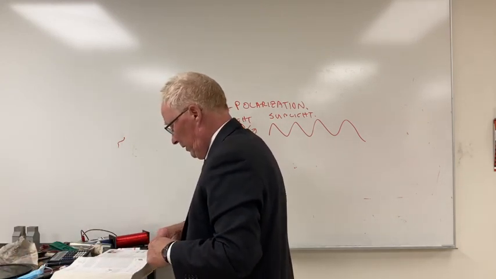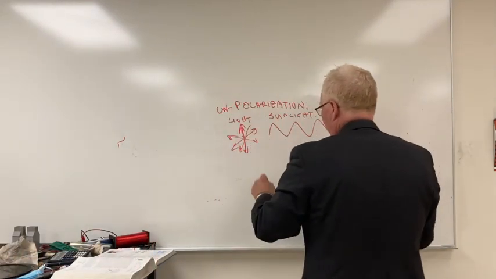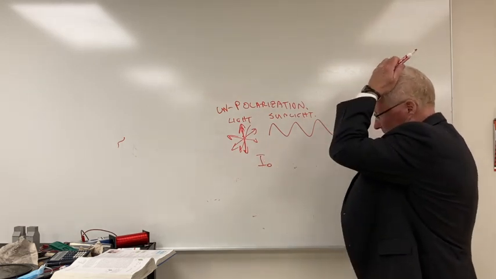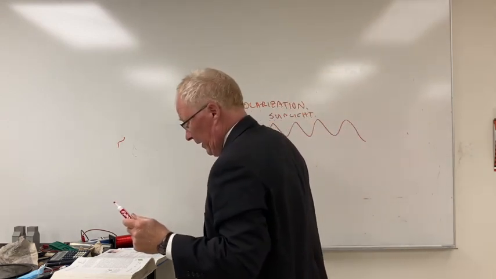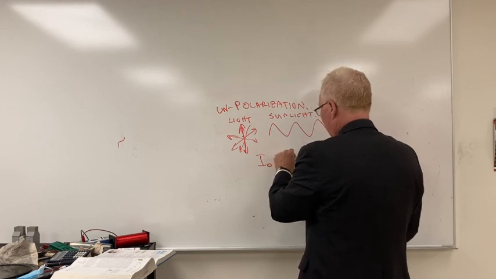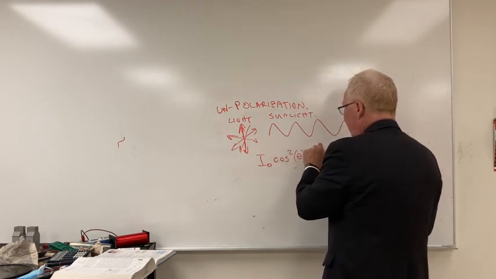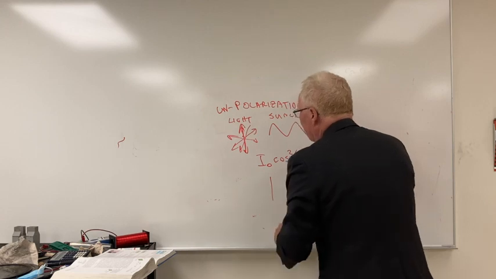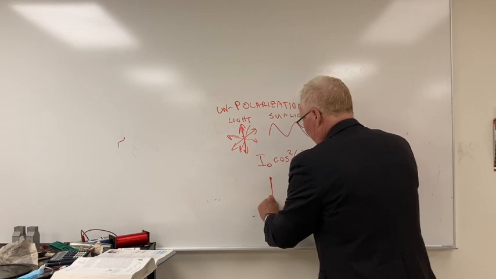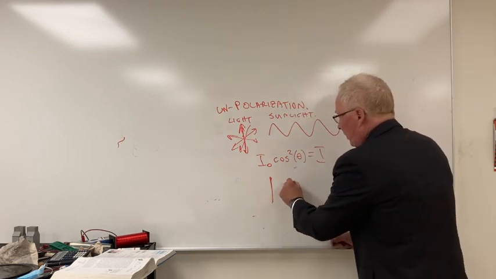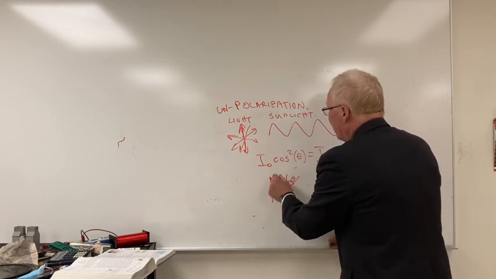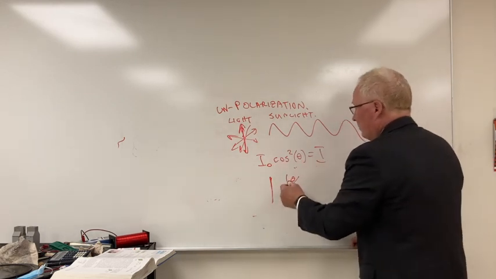So how do we deal with that? It turns out we have light of some intensity, which then passes through a polarizer. The intensity I goes as the cosine of the angle, squared. If the light passes through the first polarizer, and the other one is at an angle, the light coming out will be reduced by that much.